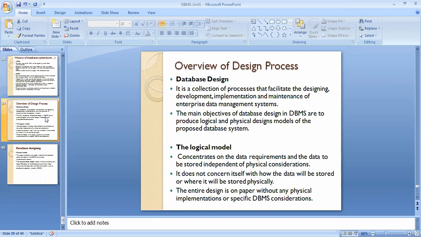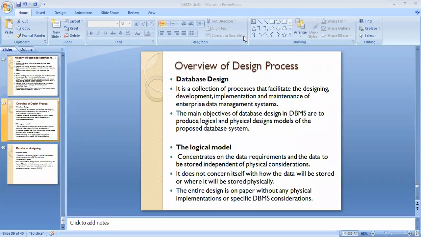Overview of design process. Come to the next point. See, database design is one of the most important parts of the database life cycle.